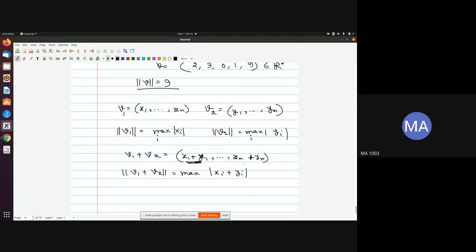Now these are the coordinates, right? Of which one is maximum, we will take that one. Now this triangle inequality holds for each one. You know this one, this is always true for mod, the triangle inequality. So eventually for the maximum also this is true, and we get the inequality we need.